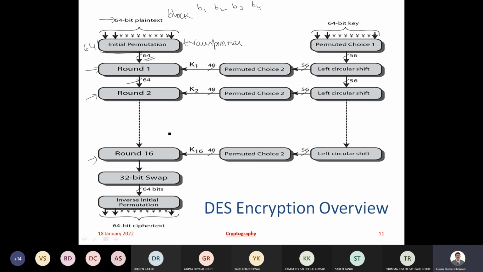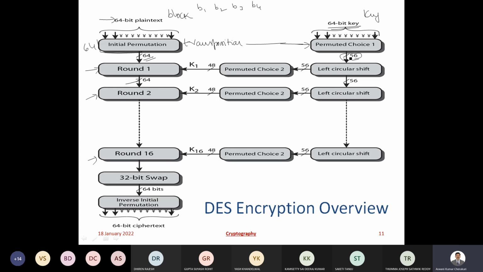On the key side, what we have given is the 64-bit key. Then we are performing some permutation operation, which is the transposition. After that, we are going to pick 56 bits, that means truncate 8 bits and keep 56 bits.